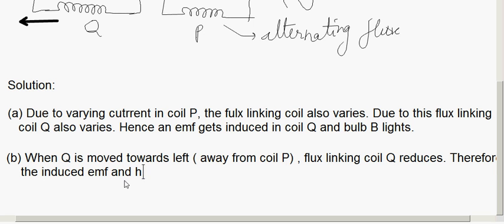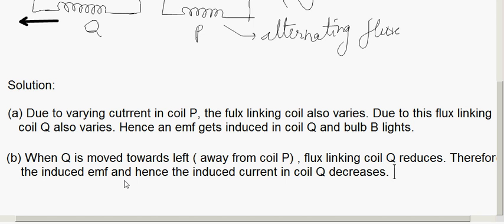Therefore, the induced EMF and hence the induced current in coil Q decreases, and hence the bulb becomes dimmer. Hence bulb B gets dimmer.